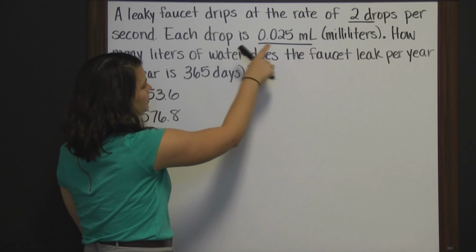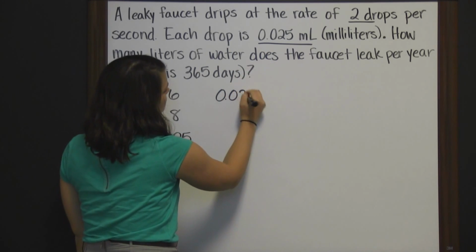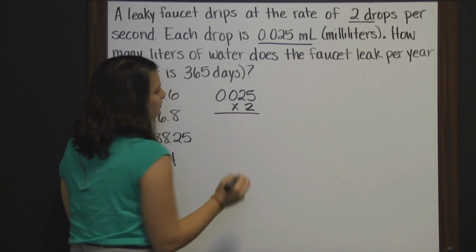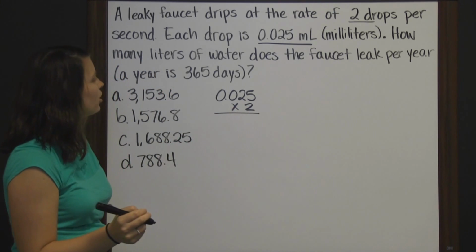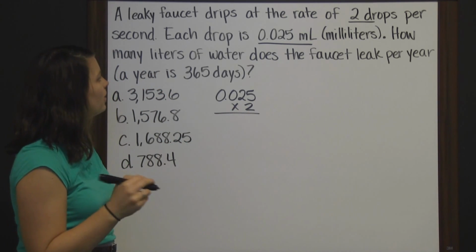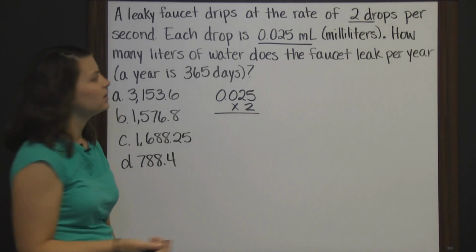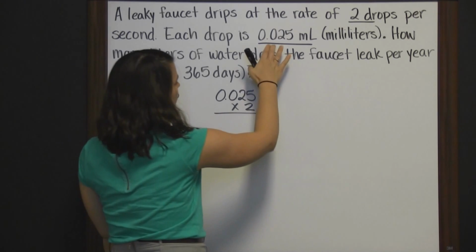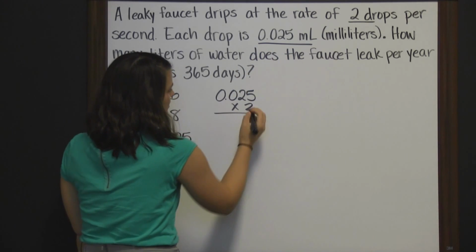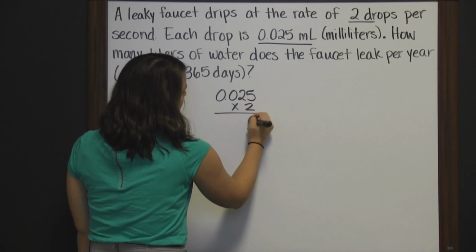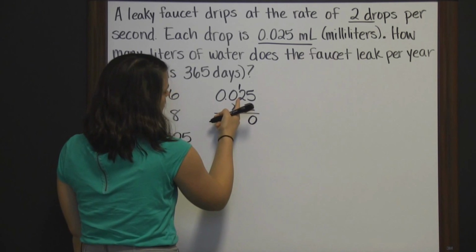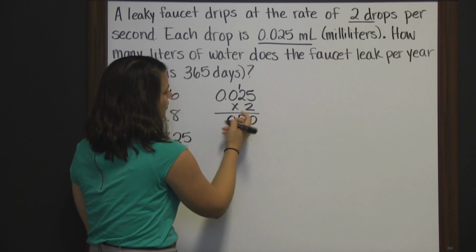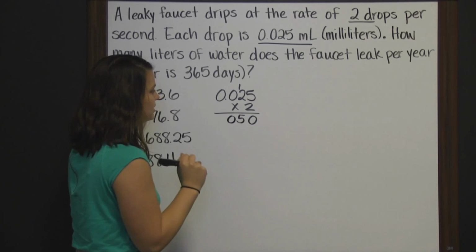But each drop is 25 thousandths milliliters, so I need to multiply that times 2 to figure out how much water is in drips each second, because it drips 2 drops per second. I need to multiply 25 thousandths times 2. 2 times 5 is 10, carry the 1. 2 times 2 is 4, plus 1 is 5. 2 times 0 is 0, and 2 times 0 again would be 0.